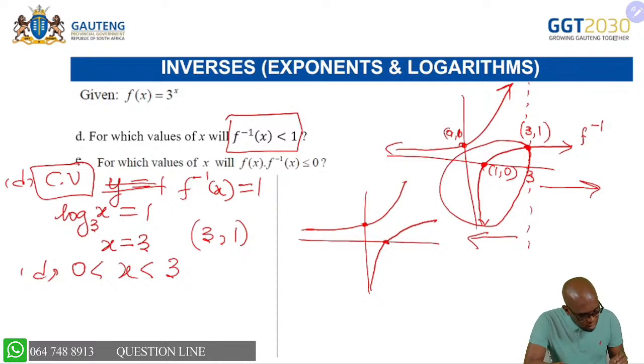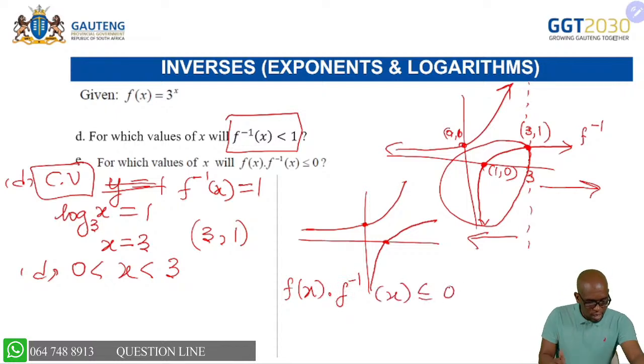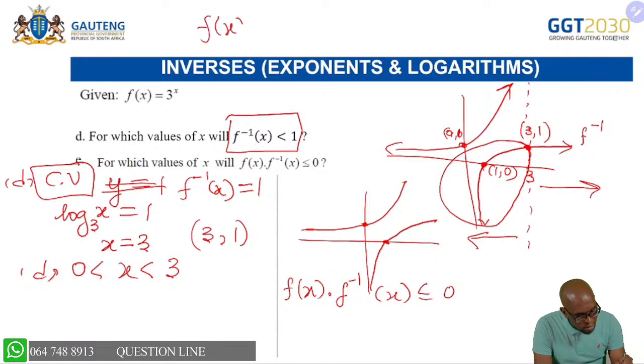Now, we are interested in the values of x where f of x times the inverse is less than or equal to 0. We are looking at the combination. We are multiplying the two functions. We want to know where f of x times f inverse of x is less than 0.